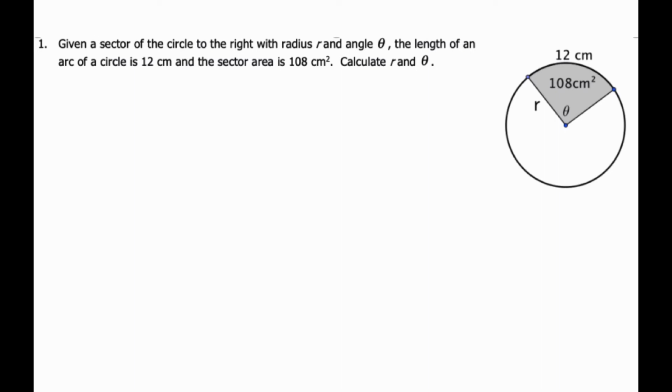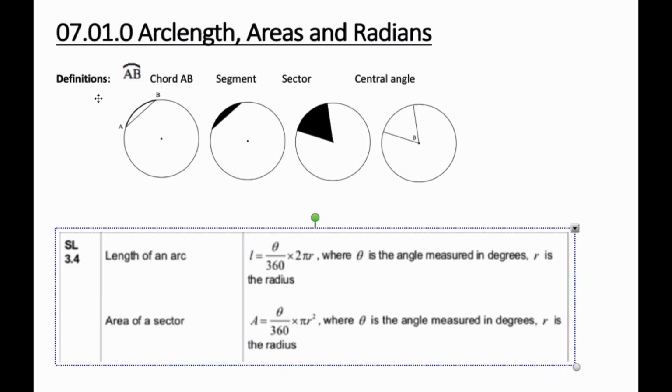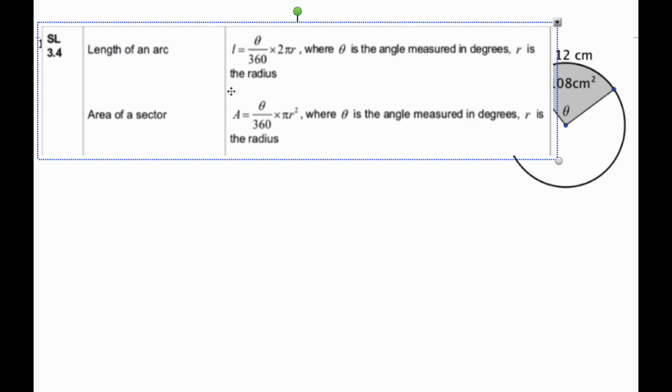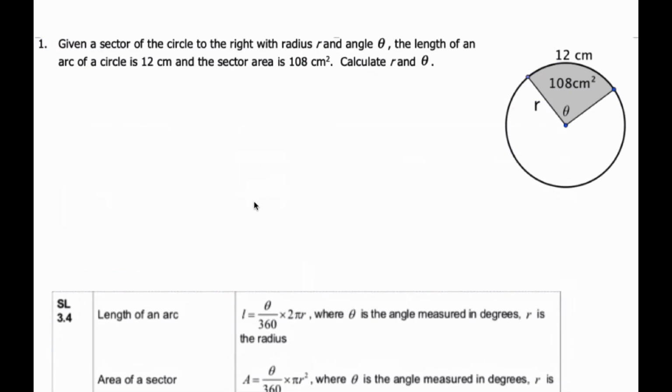Okay, so let's try an actual example. We have to use those formulas. So let me copy this over and set it up correctly. In this problem, we're given the sector of the circle to the right with a radius r and a central angle of theta. The length of the arc of the circle is 12 centimeters.